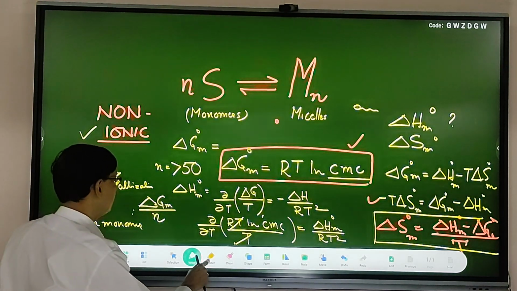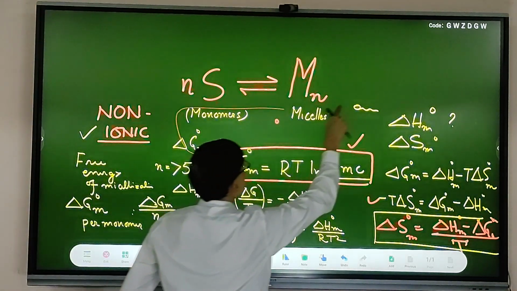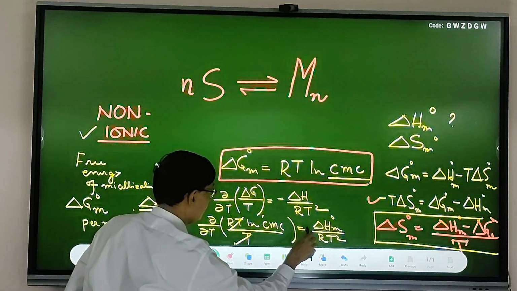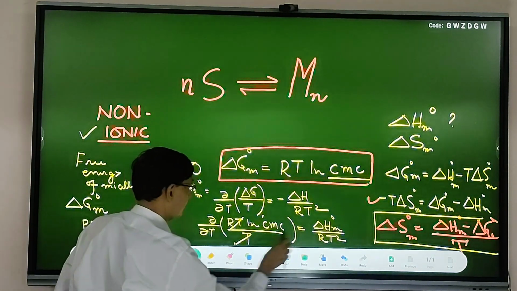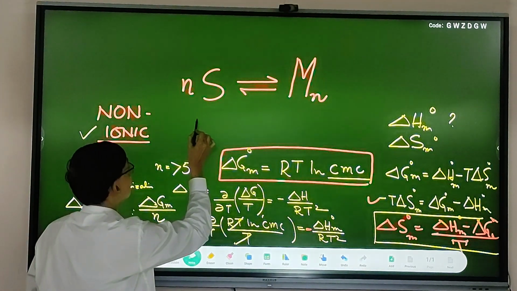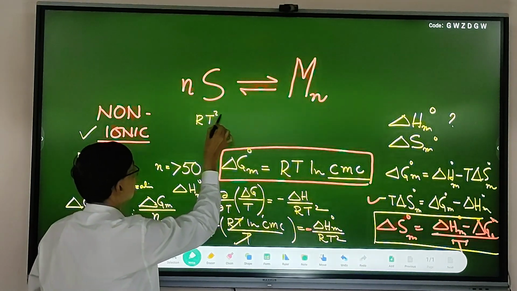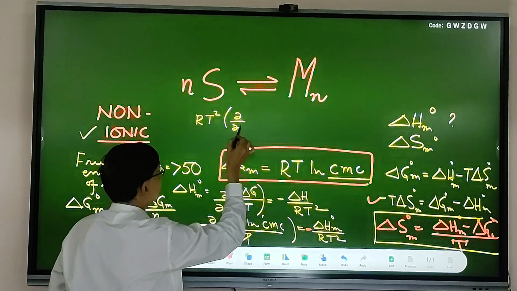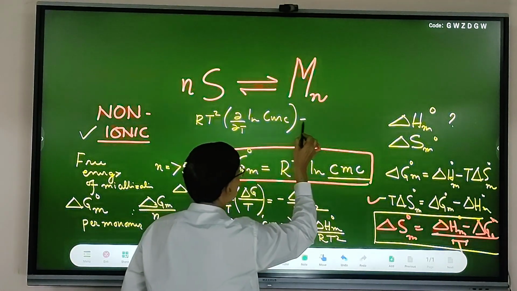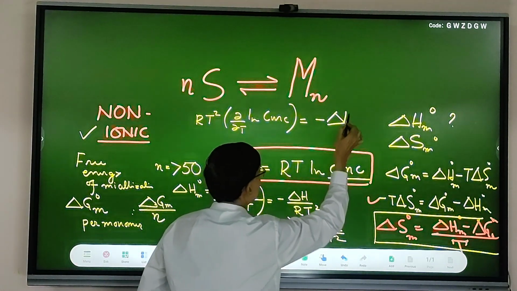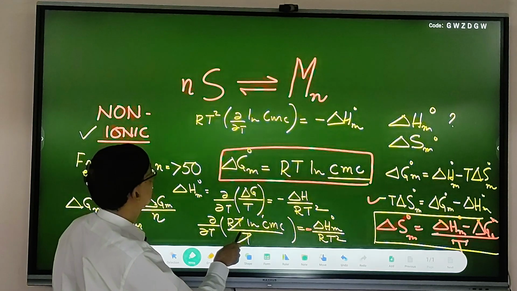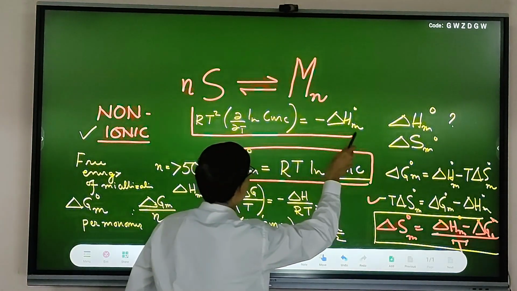So I can write, of course with the minus sign, RT square d by dT natural log of CMC is equal to minus delta H standard M. So this is the third formula.